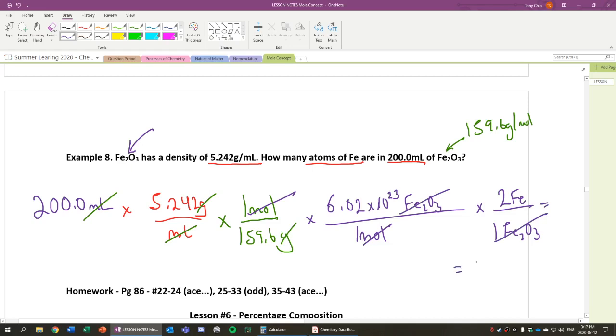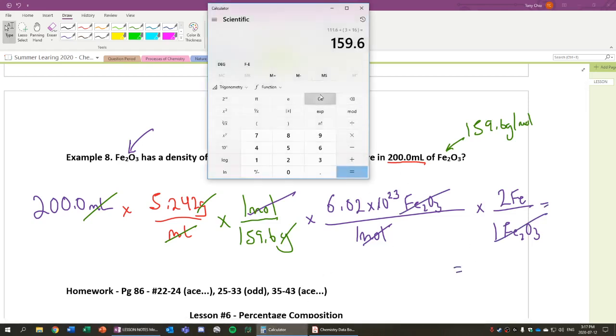So what would I get as my final answer? Well, let's take a look. You have 200 times 5.242 divided by 159.6 times 6.02 times 10 to the power of 23 times 2.